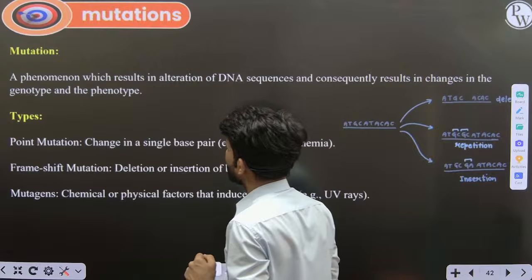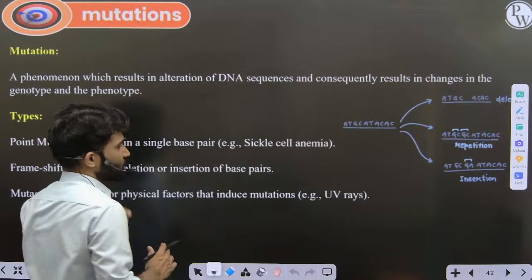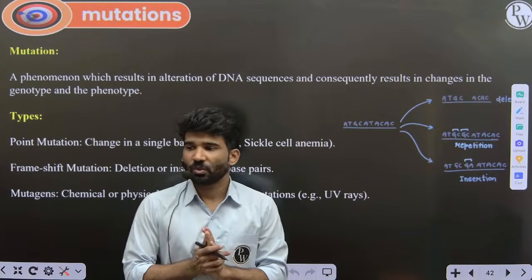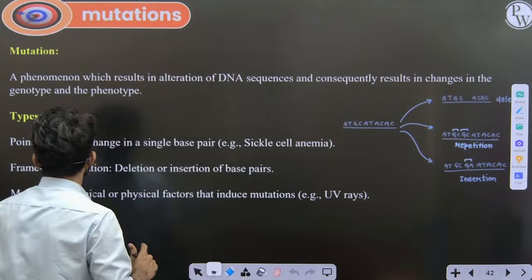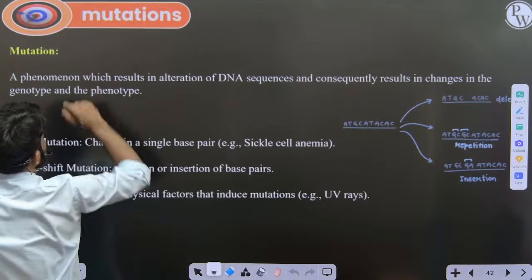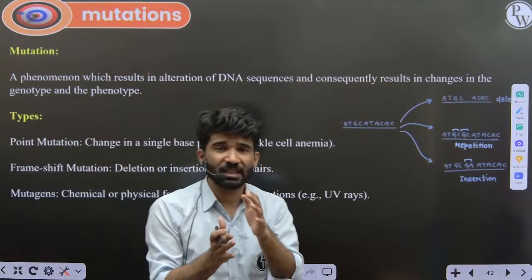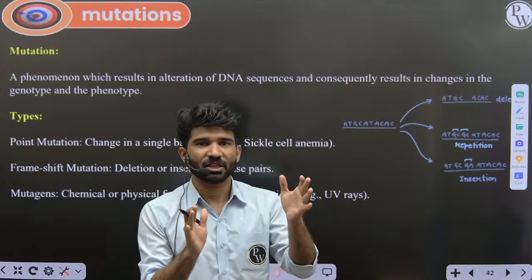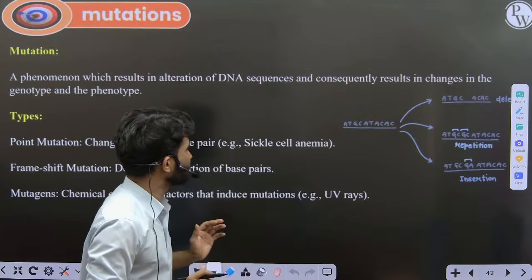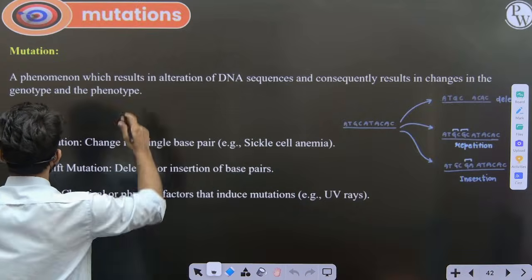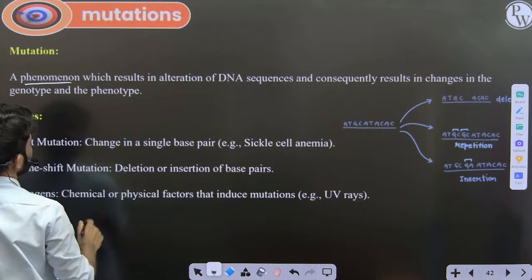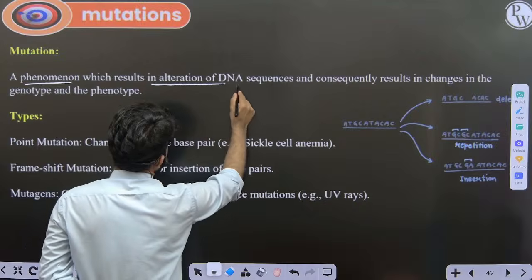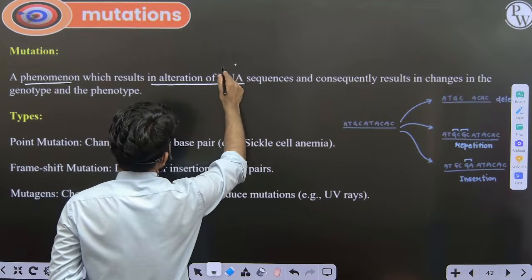The next one is mutation. So what are mutations all about? When it comes to mutation, it is any alteration or change in the DNA, or a change at any point of the chromosome. Mutation is a phenomenon which results in alteration of a DNA.